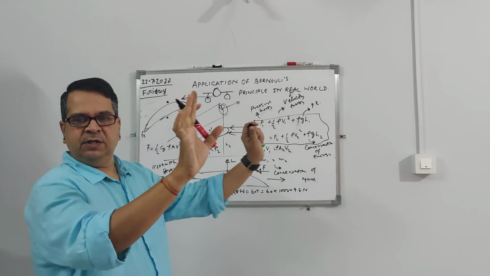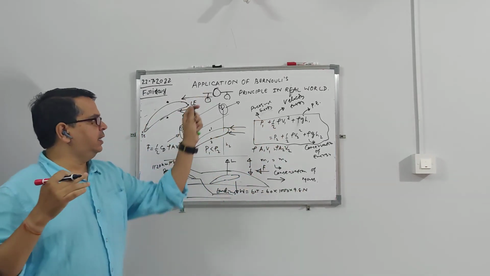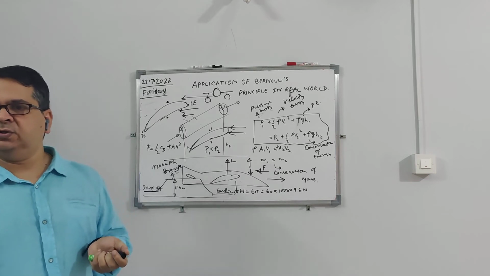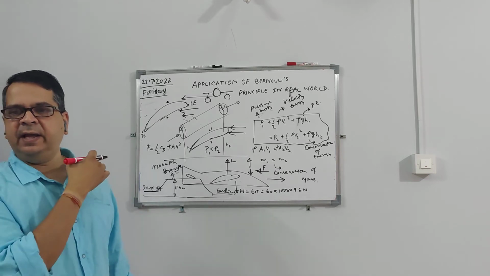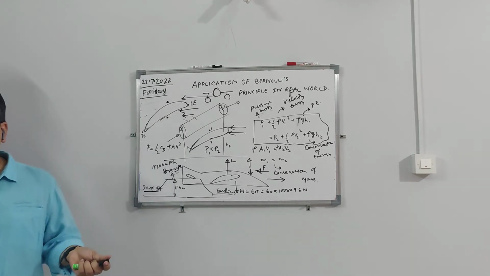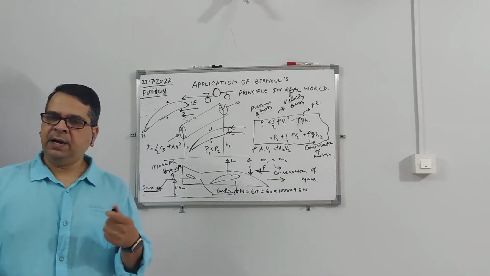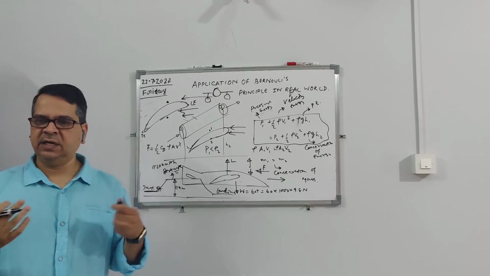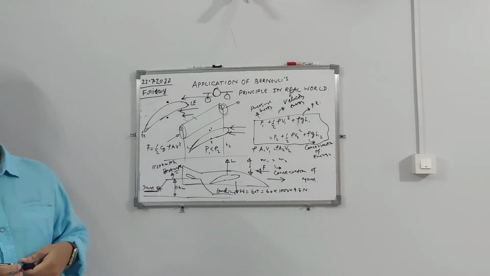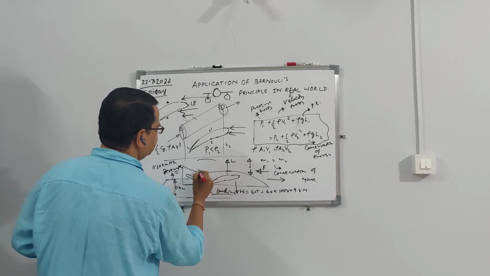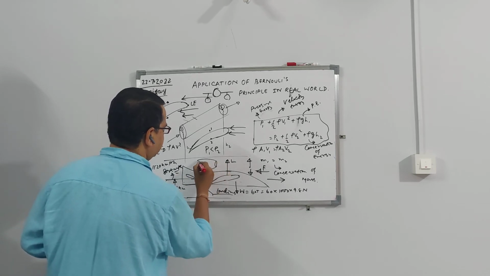When the aircraft is moving, the air will enter the engine at a particular velocity, but it will exit at a much higher velocity. The air will get accelerated by combustion inside, like a nozzle. So the engine is something like this.